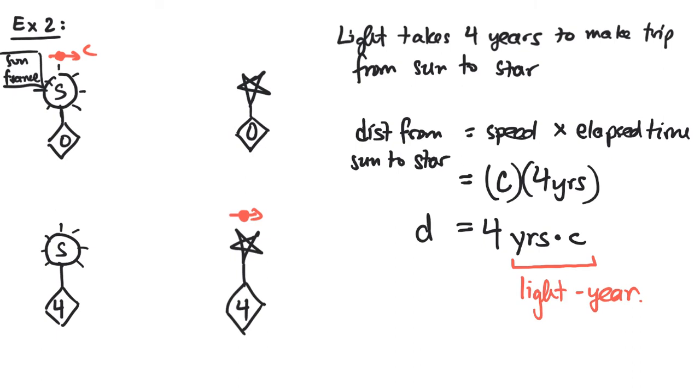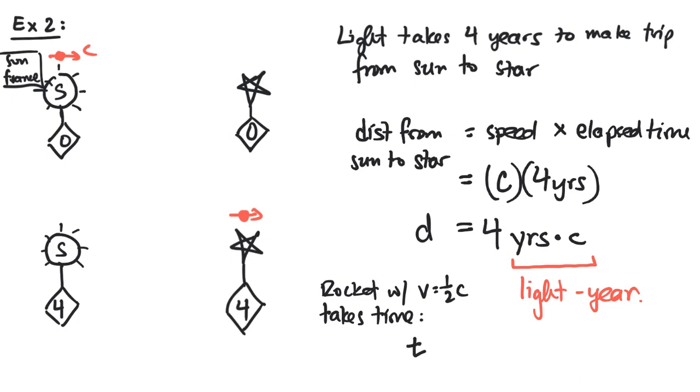Again, if we had a rocket traveling at half the speed of light, we could ask how long it takes for that rocket to make the trip. So a rocket with velocity equal to half c, how long would that take to make the trip in the sun's frame?